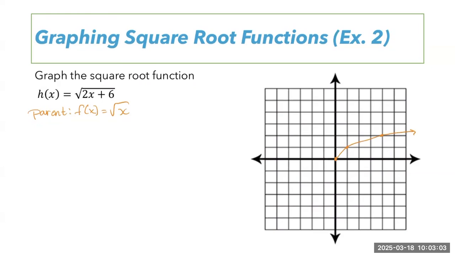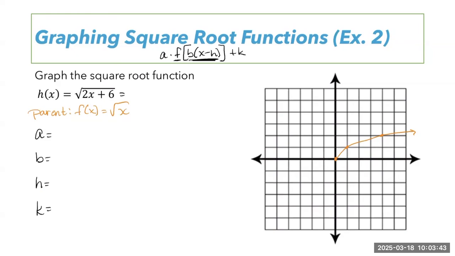Now, when I go to identify A, B, H, and K, I have to be a little bit careful in this case, because in the structure that we were looking at, we saw that our function needed to be A times F, and then it was B times x minus H in parentheses, plus K. So this on the inside of my function needs to be factored before I can identify what H is.